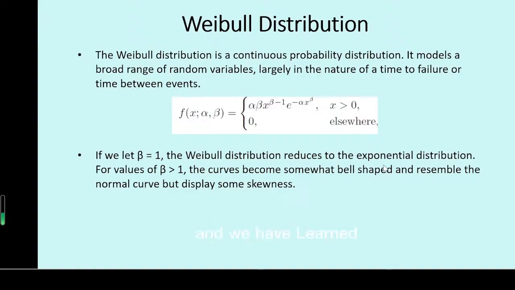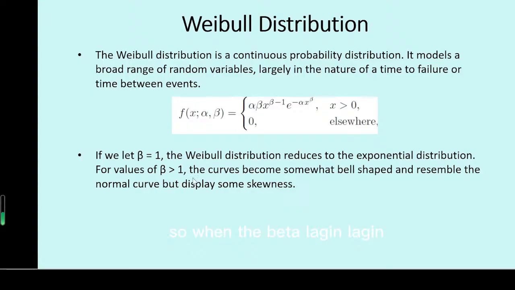And we have learned the exponential distribution is also a special case of the gamma distribution, right? And for the Weibull distribution, when beta is less than 1, the density curve becomes somewhat bell-shaped but has little skewness.